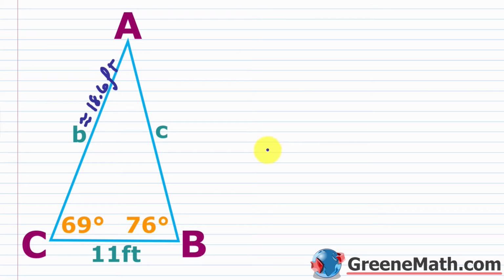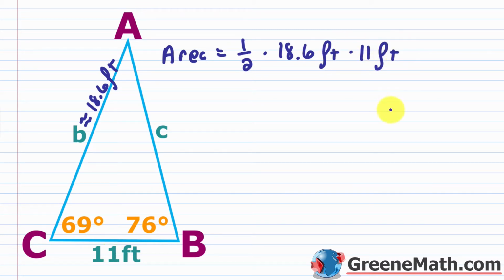Now it's really easy to go back to our problem. The area is going to be equal to 1/2 times the 18.6 feet, times the 11 feet, times the sine of the angle between them. In this case, it's 69 degrees.